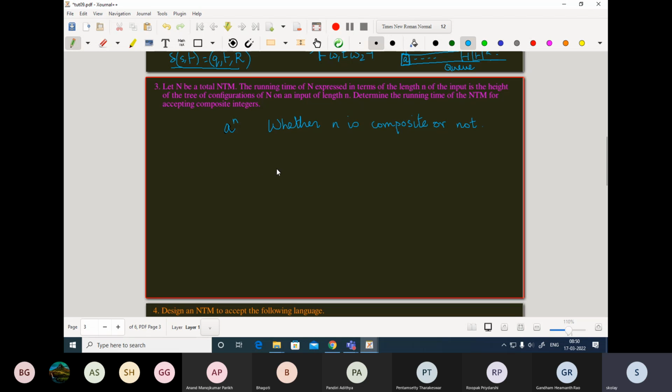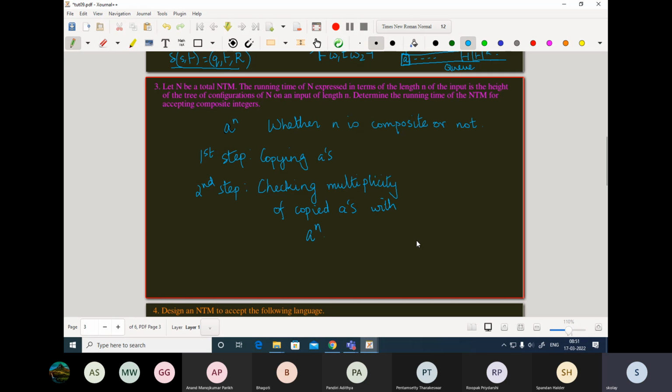Now the question is, in the non-deterministic Turing machine, what is the running time of this? So the first step is copying a's, and the second step is checking the multiplicity of the copied a's with a to the n.